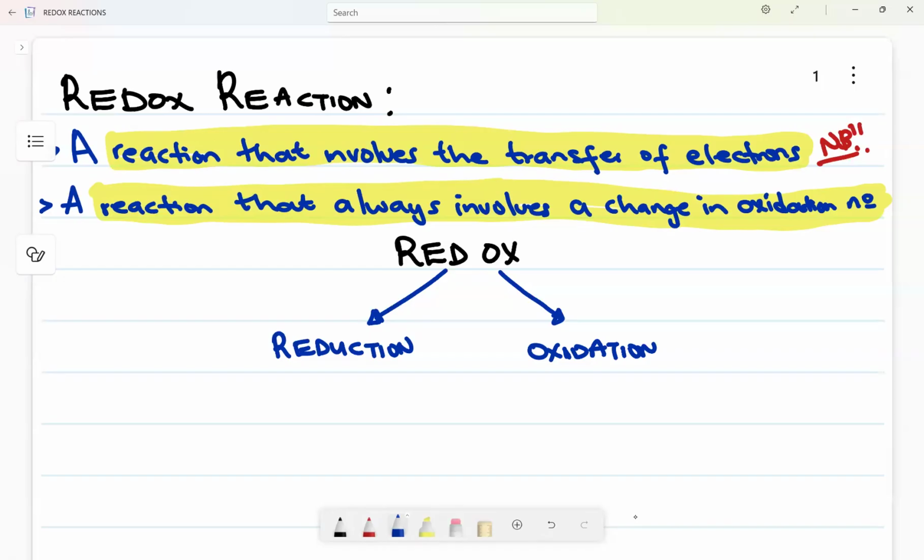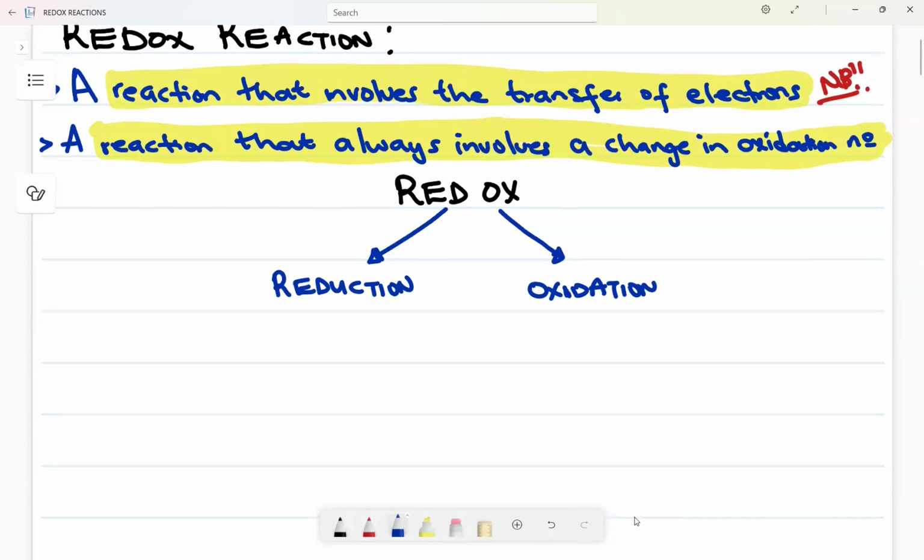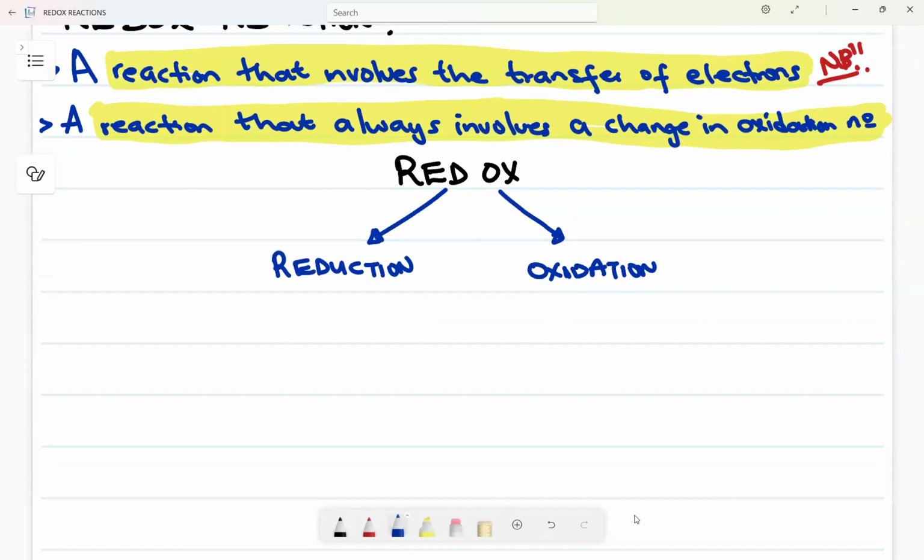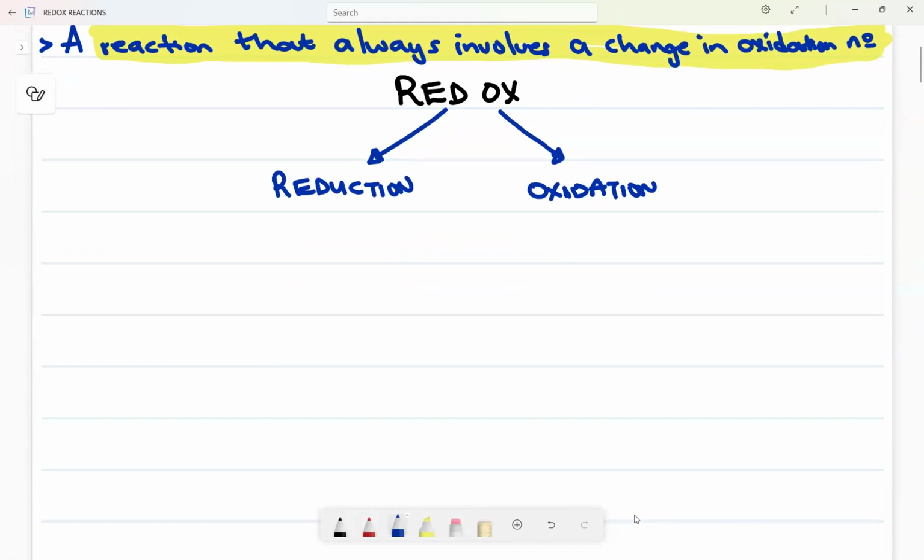Don't be confused. Now I want us to have the explanation of exactly what is reduction and what is oxidation. We will have a table where we fully explain what is reduction and what is oxidation. I want us to have that beautiful summary.